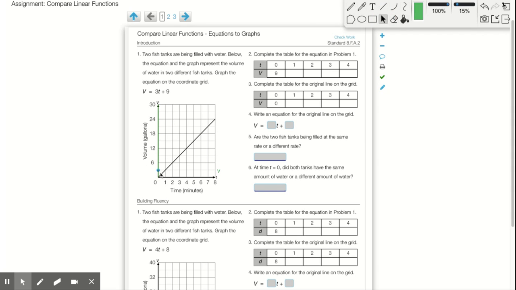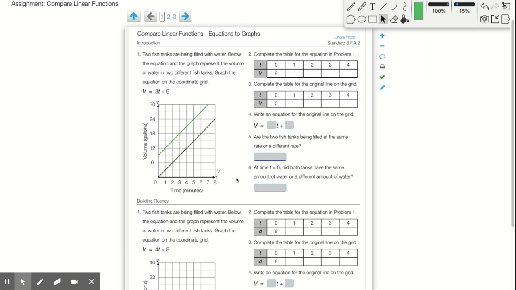I'm going to put a dot at 3, 6, 9, 12. It's here. And then we're going to rise 3, which is going up right to here, and run 1.